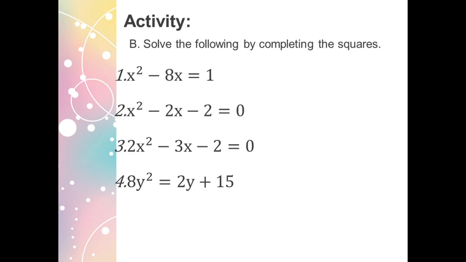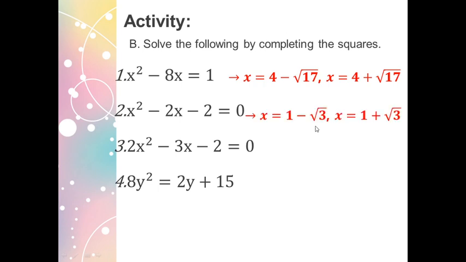I hope you're done. So if you're done, you must determine the roots of these equations by completing the square. For number 1, the roots you should have solved are x is equal to 4 minus the square root of 17 and x is equal to 4 plus the square root of 17.